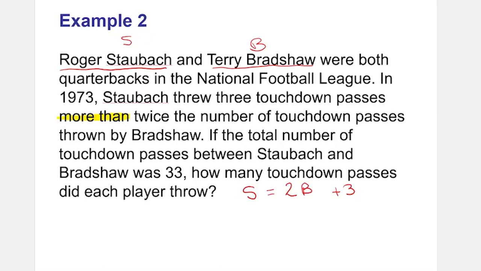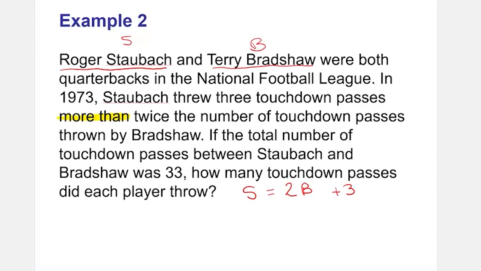We have an equation that has to do with Staubach and Bradshaw. So hopefully now we've got one equation that will work for us. But unfortunately, that's not going to be enough because I have 2 unknowns and I can't figure it out from one equation. Let's leave that and go on to the next sentence.